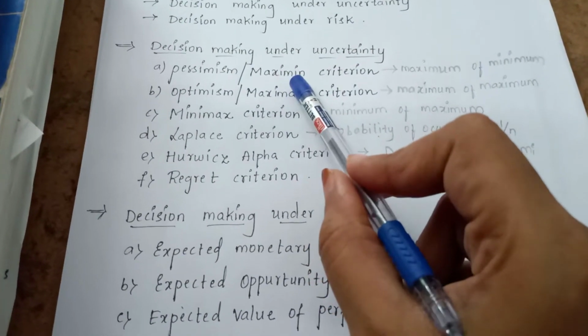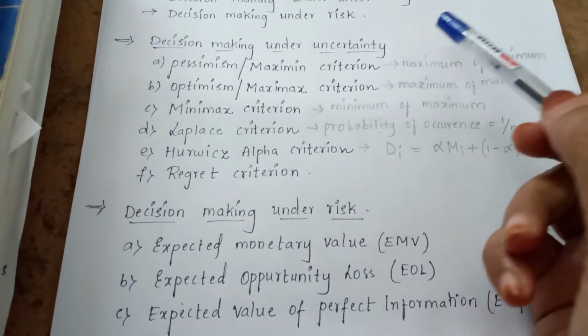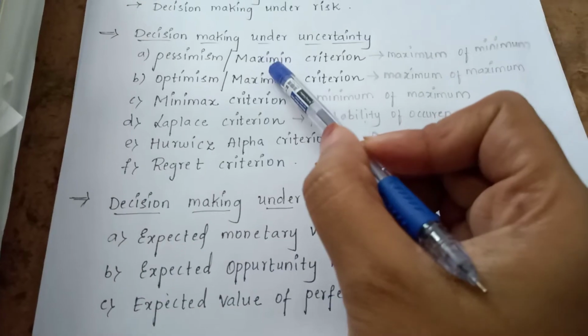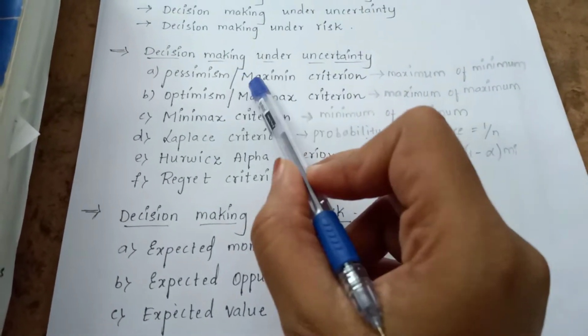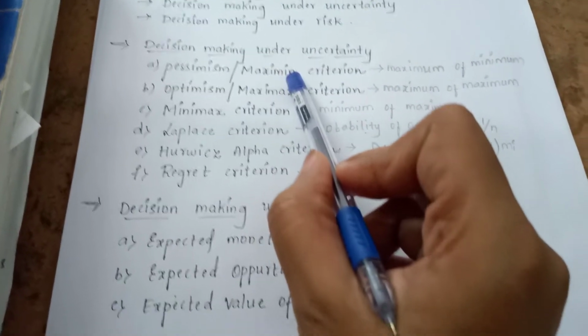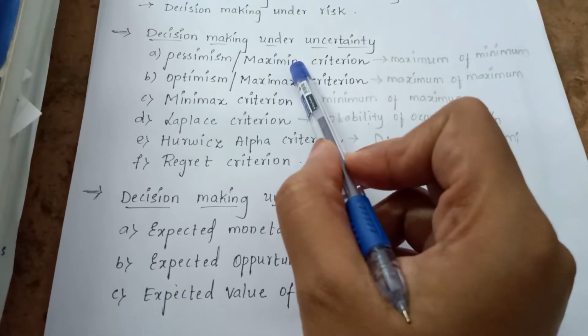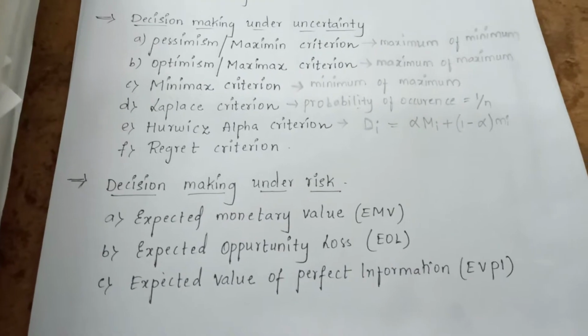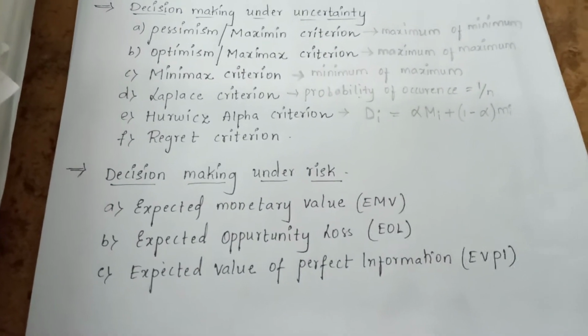The Maximin implies the maximization of the minimum payoff, or the maximum of the minimum payoff is known as Maximin criterion. Maximin means maximum of minimum. Students, here the decision maker locates the minimum payoff. Payoff means the outcome, a numerical outcome or result.